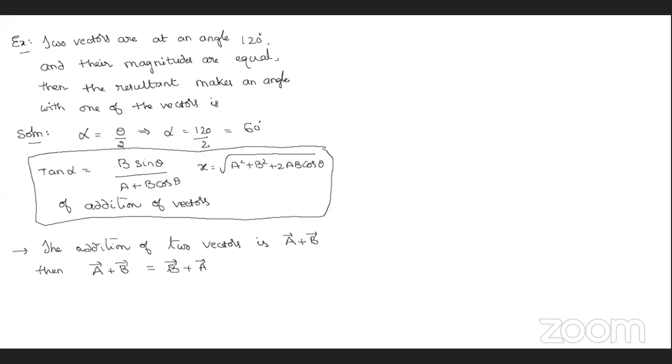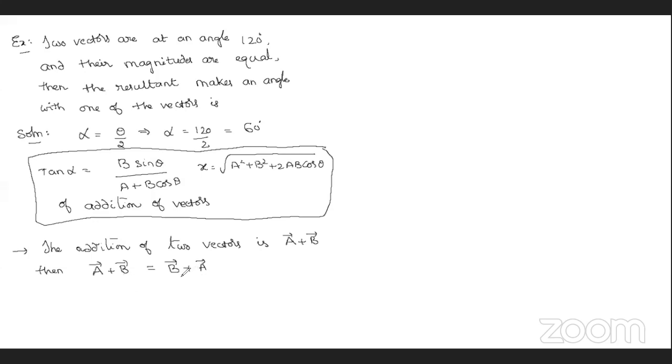So look here. The addition of two vectors, generally we write A bar plus B bar. Instead of A bar plus B bar, if I write B bar plus A bar, is anything wrong? No, sir.